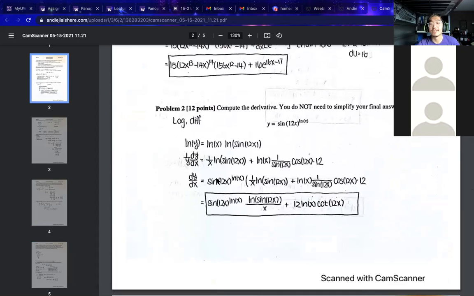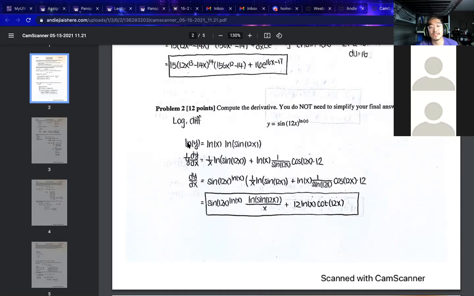So problem two is compute the derivative. This is logarithm differentiation. So we take a natural log on both sides. We get natural log y, and the right side should be natural log of x times the natural log of the sine 12x.